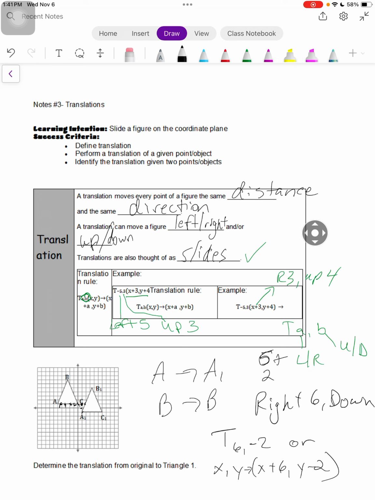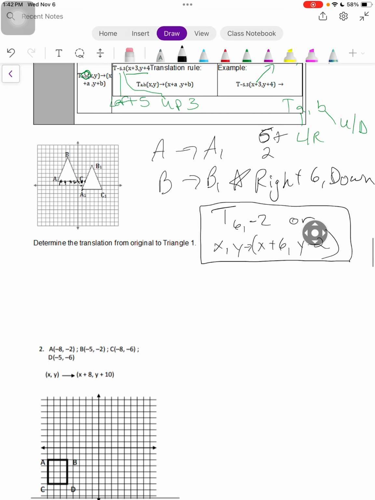So we're changing our X's by 6 and our Y's by negative 2. Okay, so that is the translation. So any one of these would be acceptable, and even in words, you can write it in words. Okay, so we're going from A to A prime or B to B prime. So remember, we're always going from A to A prime, B to B prime.